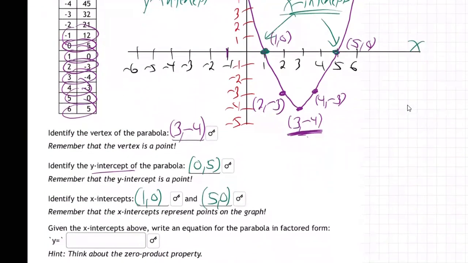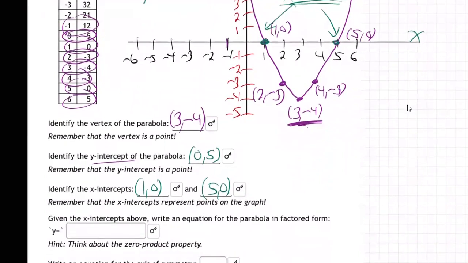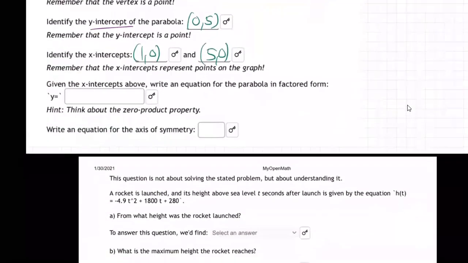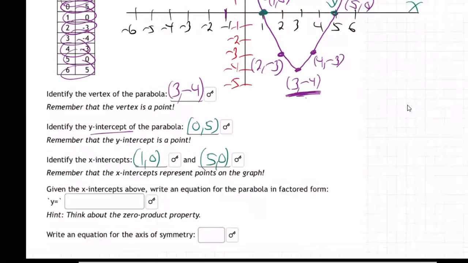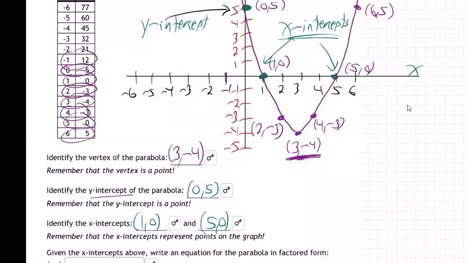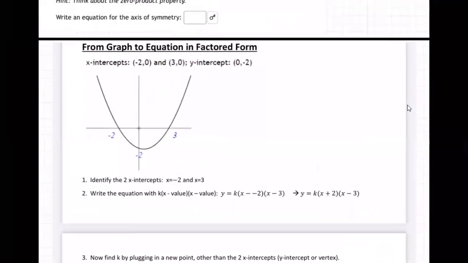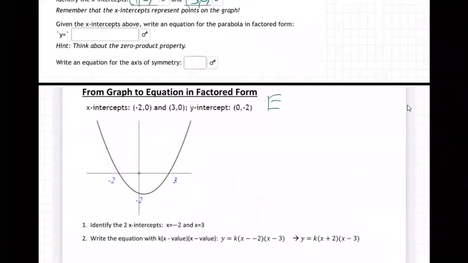And then write the equation in factored form. So here we go again. From the notes for the factored form, let me pop them in here for you. This is from the exam 2 notes again.